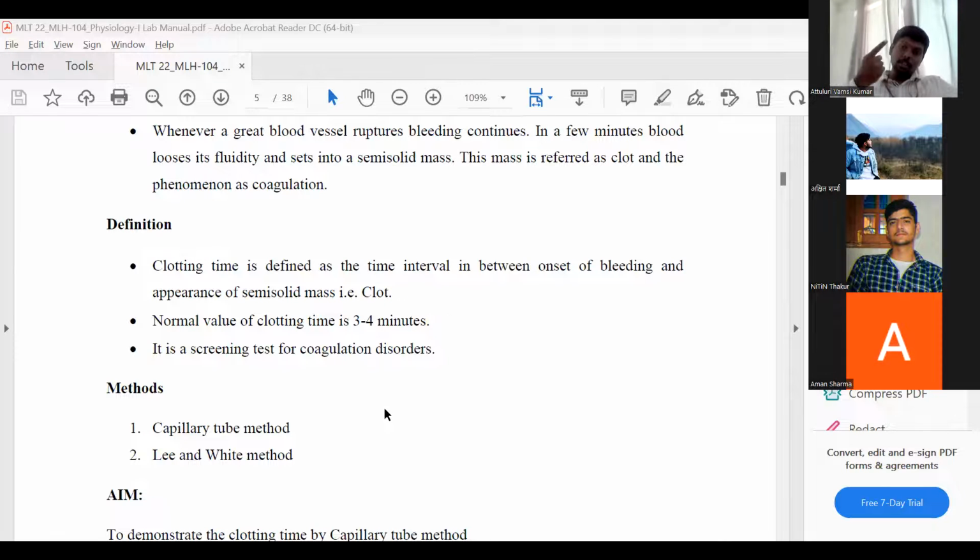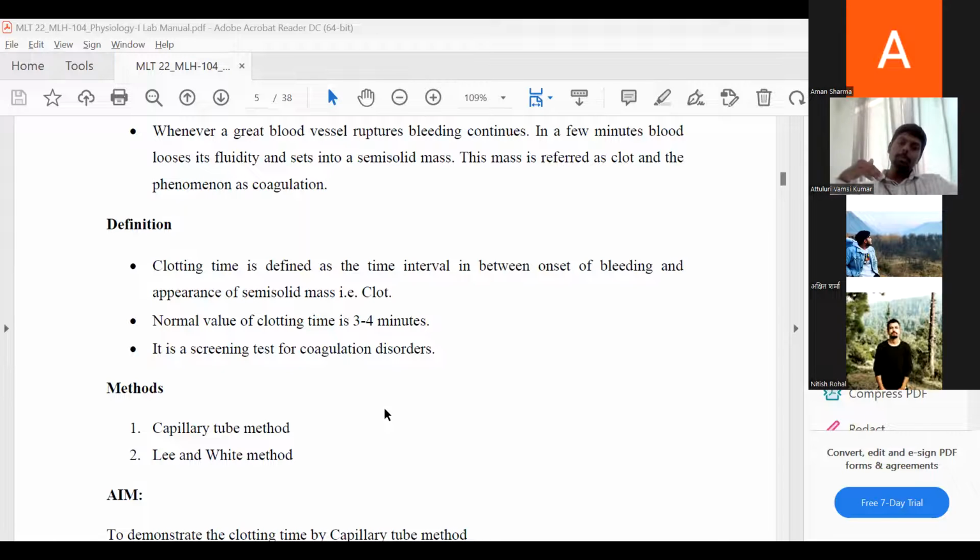Taking clotting time at body temperature will give a more accurate result than at room temperature. The Lee and White method will use more blood, almost 3 ml collected in a test tube, and we will check the clotting status after 3 minutes. That is a major difference between capillary and Lee and White. The advantage of the capillary tube method is that the amount of blood is less. Even with just a finger prick, we can do the test.